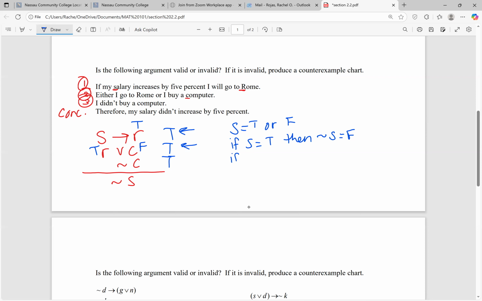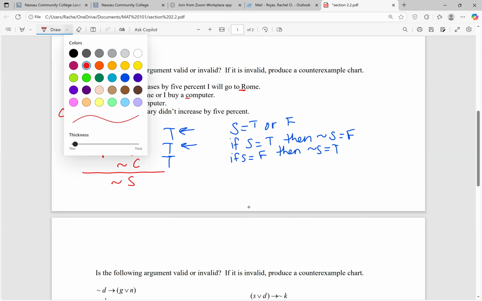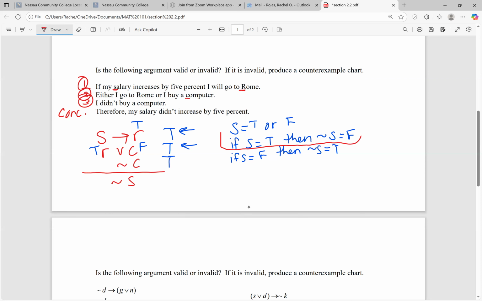But if S was false, then not S would be true, and I would have three true premises and a true conclusion. But the fact that there is one case where we get a false conclusion when the premises are true makes the argument invalid. And that would happen in the case that I just circled in red.